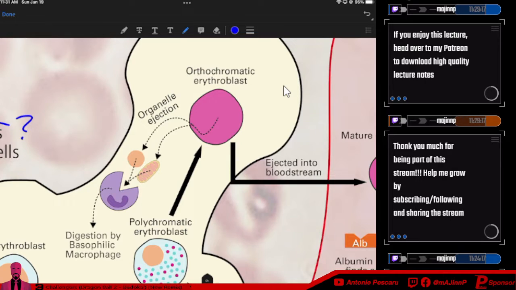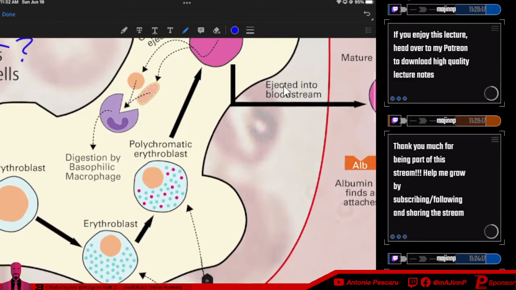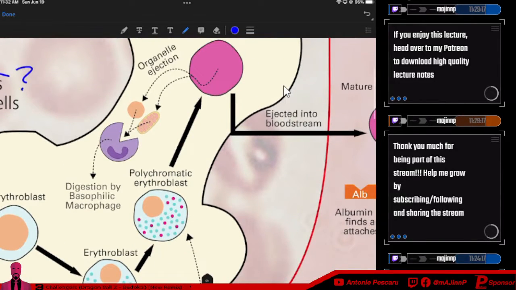And you're synthesizing so much that it starts taking so much space, and that's where the ejection of the organelles, including the DNA, sorry, not the DNA, but the nuclei, gets ejected out. Your mitochondria, your Golgi apparatus, any organelles basically. And what happens to them, they just don't stay there.